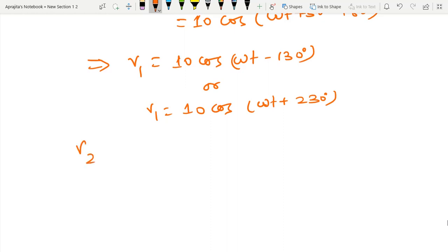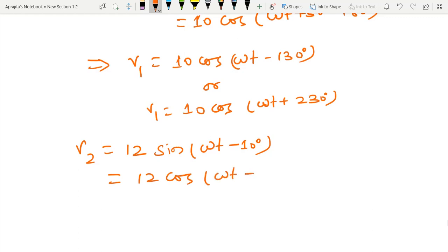V2 is 12 sin(omega t minus 10 degree), and since we have expressed V1 as a cosine function, I have to change this sine function into a cosine function, which is pretty easy: omega t minus 10 degree minus 90 degree, so basically that is 12 cos(omega t minus 100 degree).